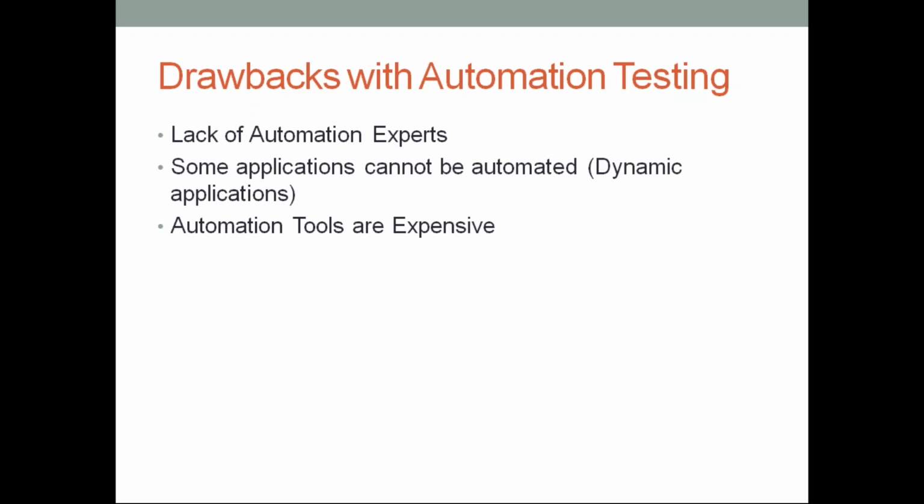Without paying anything, we can download it and use it for our automation. But there are some tools in the market like QTP, OATS, Rational Functional Tester, and so on. Those are licensed tools where we have to purchase the license before we can start using them.